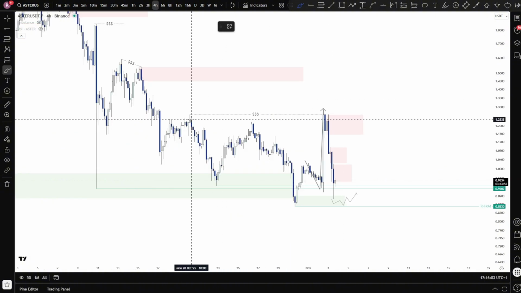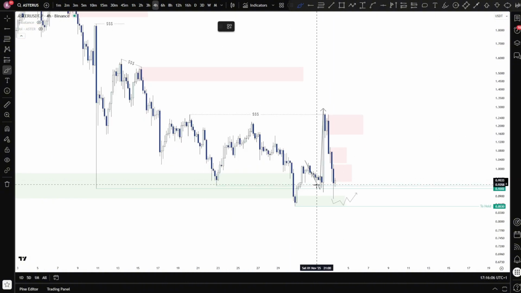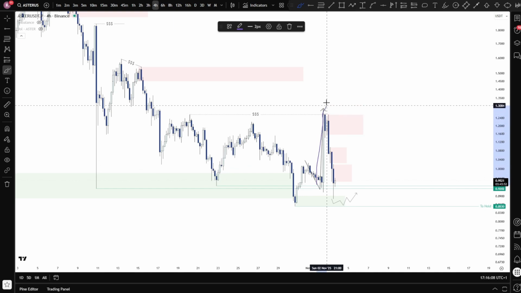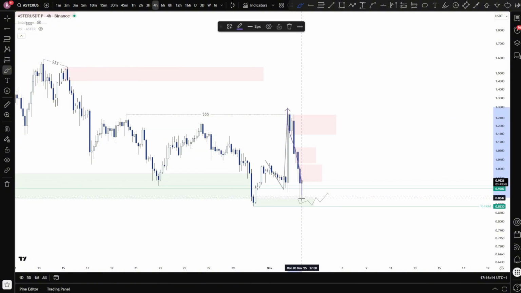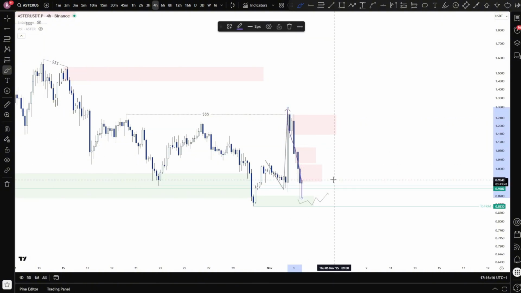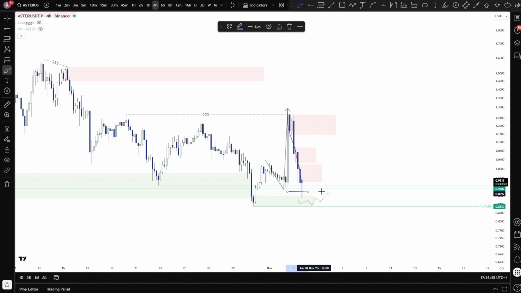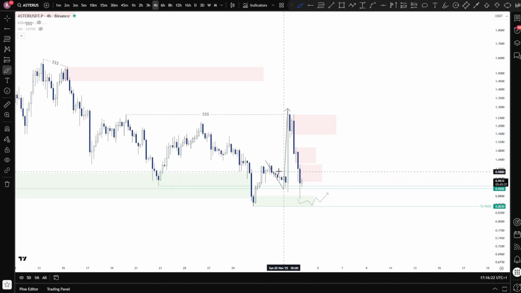But we have taken out significant liquidity on the highs when we have got this massive push up. And what I don't like about it is that we have straight up delivered this move back into the market. And right now we've actually hunted that low as well. So that doesn't show me strength.